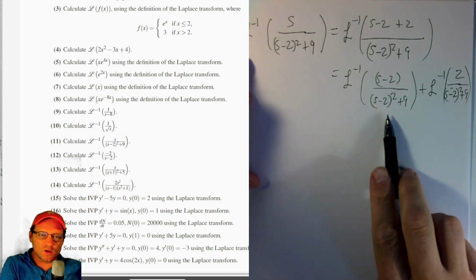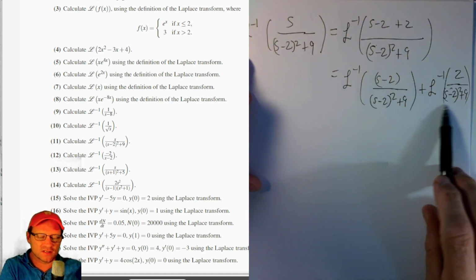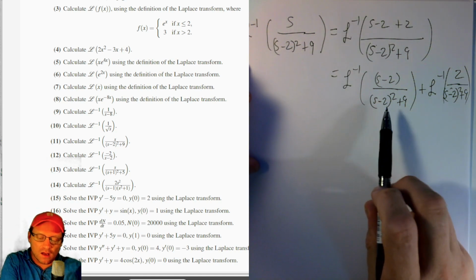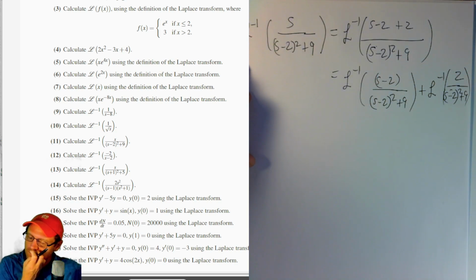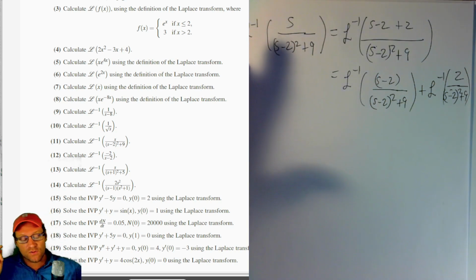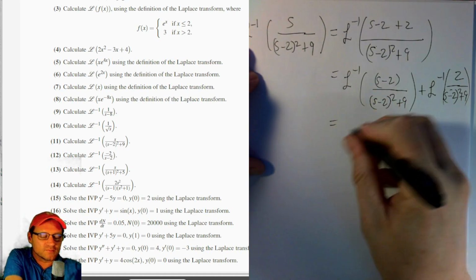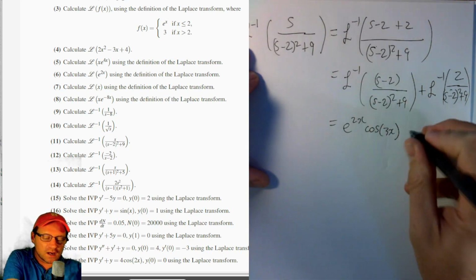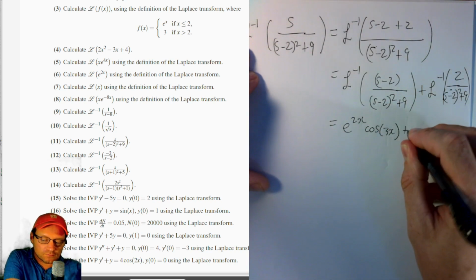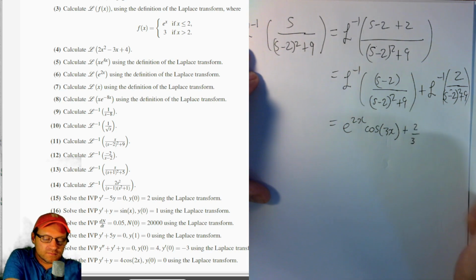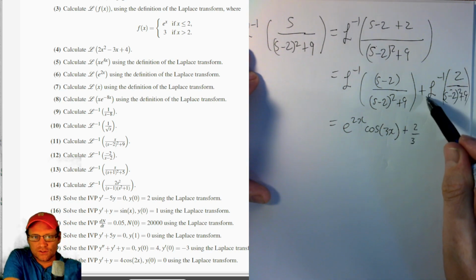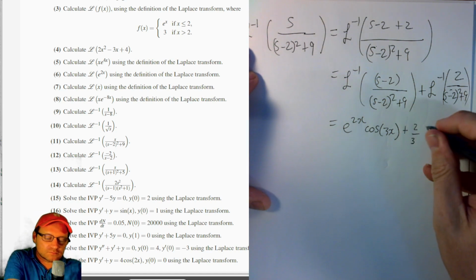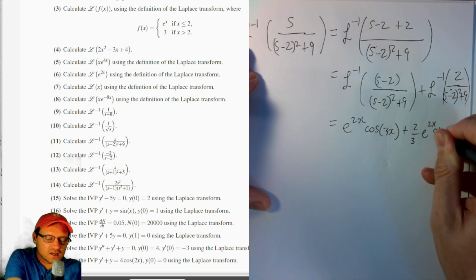Because we know what these inverse Laplace transforms are, for the first one we've got e to the 2x cos of 3x. And then we've got 2/3, bringing out the 2 and recognizing that 3 squared is 9, 2/3 e to the 2x sine of 3x.